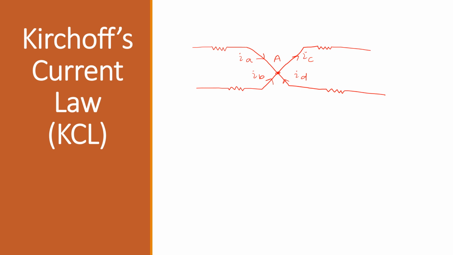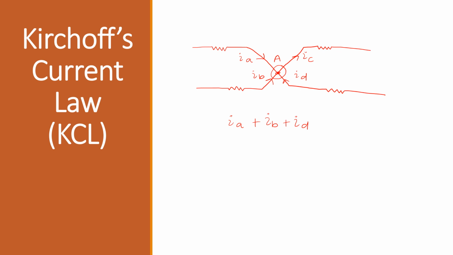So, how are you going to analyze this circuit? Now, first you will look at node A, then you will see how many currents are entering this node A and how many currents are leaving from this node. As you can see, three currents are coming, that is current IA plus current IB plus current ID.